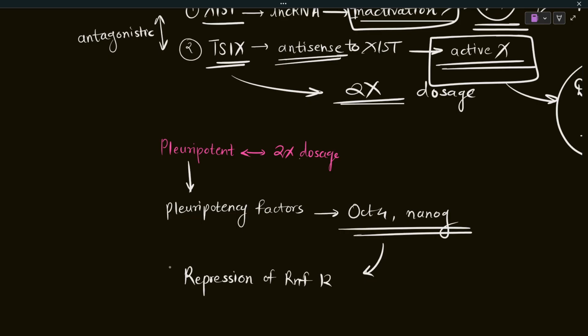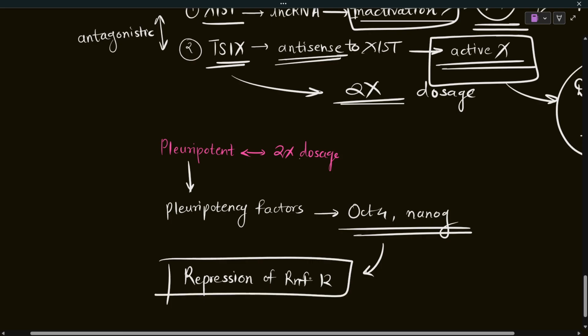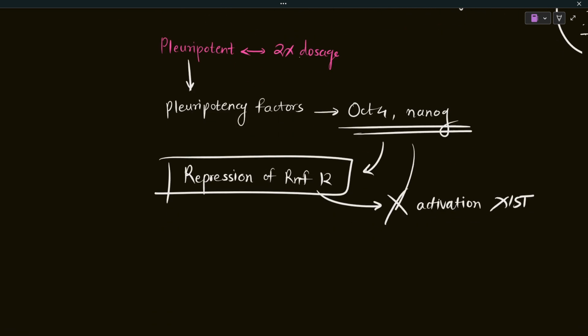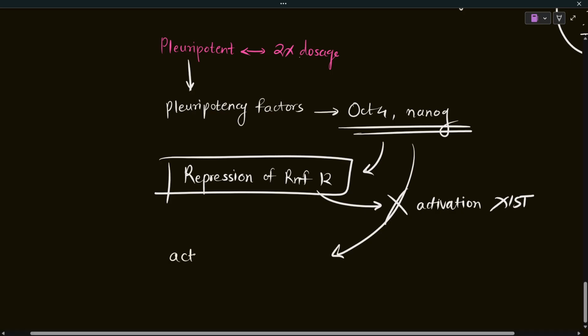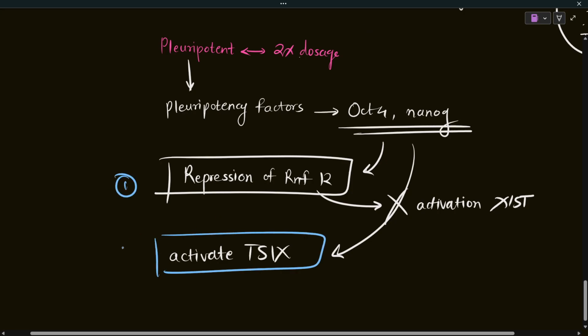As RNF12 won't be there, it won't lead to the activation of Xist. And OCT4 and NANOG also activate Tsix. So they do two jobs: first, they repress RNF12, and again they activate Tsix.